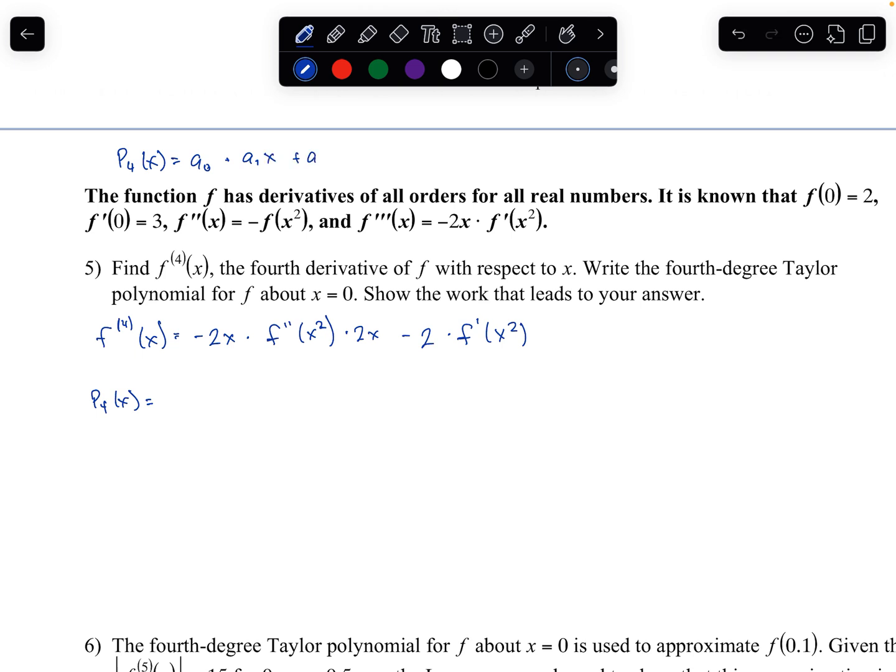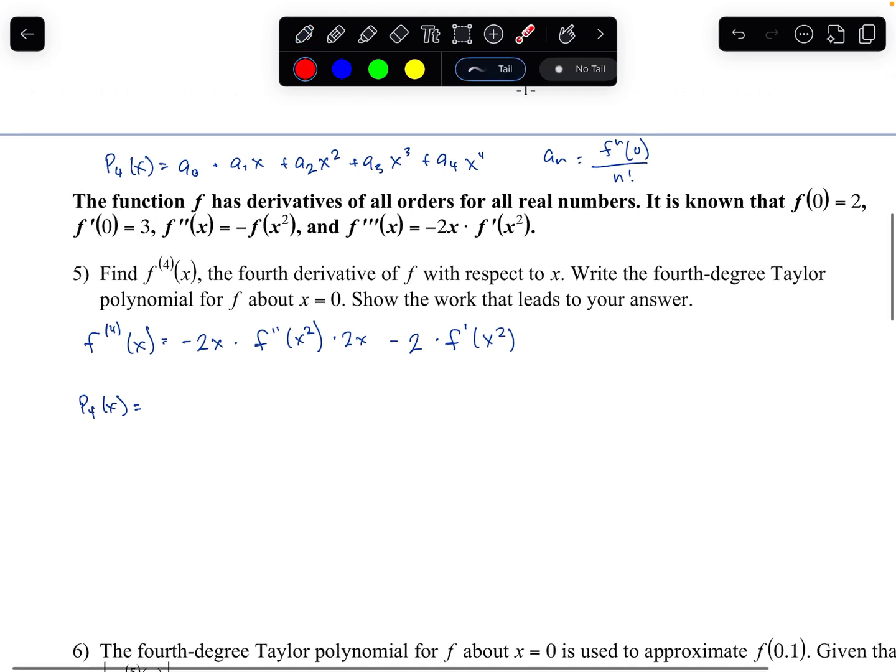And then plus a sub 2 x squared plus a sub 3 x to the third plus a sub 4 x to the fourth, where a sub n, I should say, so all of these coefficients are going to be equivalent to the nth derivative at 0 divided by n factorial.